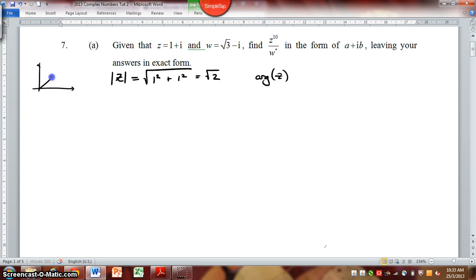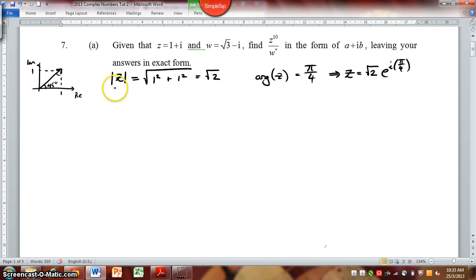This is 1 on the real axis, and this up here is also 1, or i, on the imaginary axis. That means I'm looking at a 1, 1, root 2 triangle. Each of the angles in here is 45 degrees, or pi upon 4 radians. So z is equal to square root 2 e to the i pi upon 4. This is exactly the same as saying z is equal to 1 plus 1i.